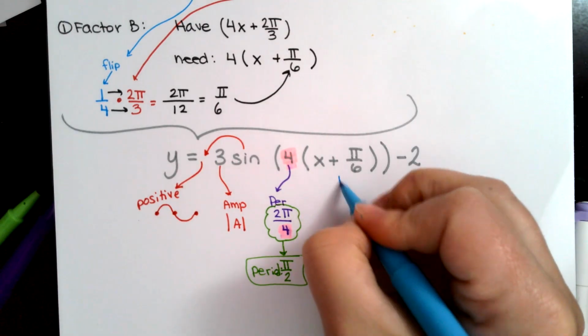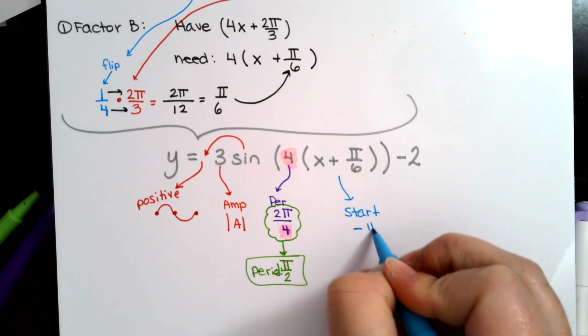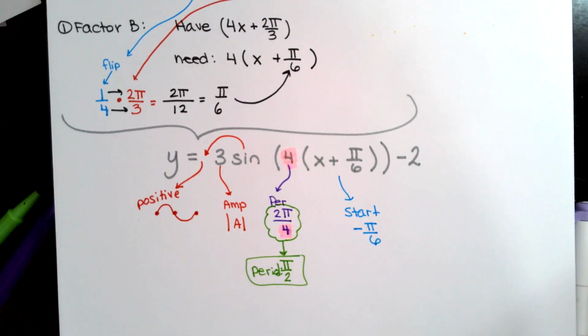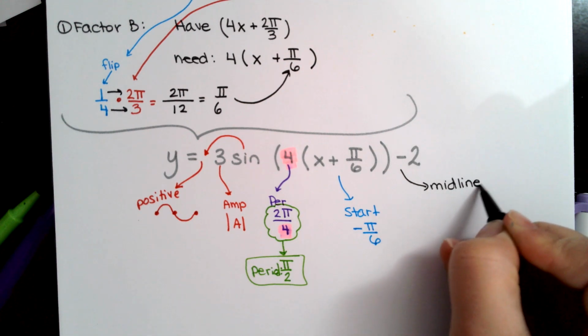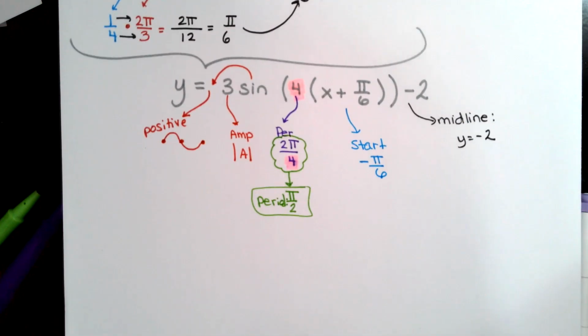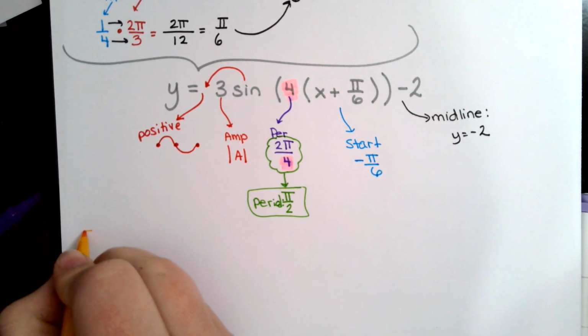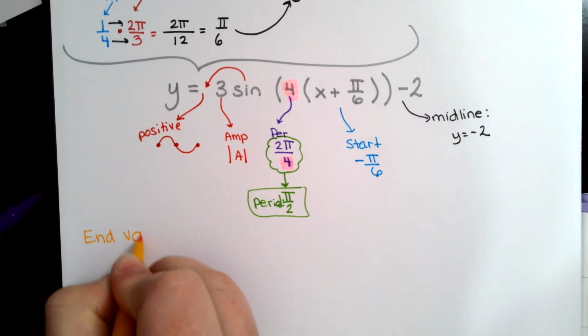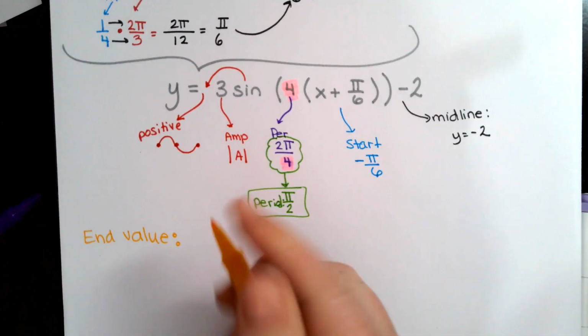Next, we have our start value. Again, opposite of what you see, always. And our midline. Okay, after you've identified these, you're going to calculate 2 more values. You want the end value, which is taking your start and your period and adding them together.